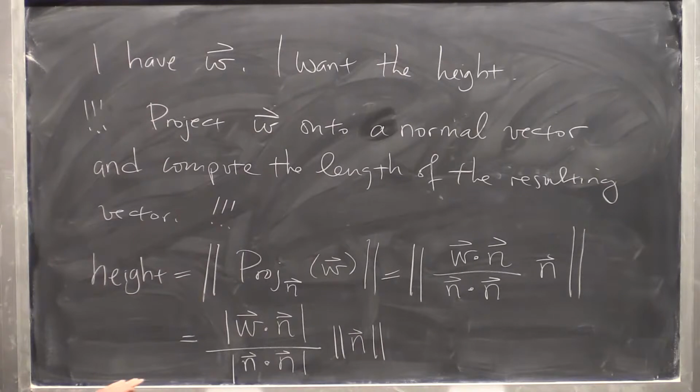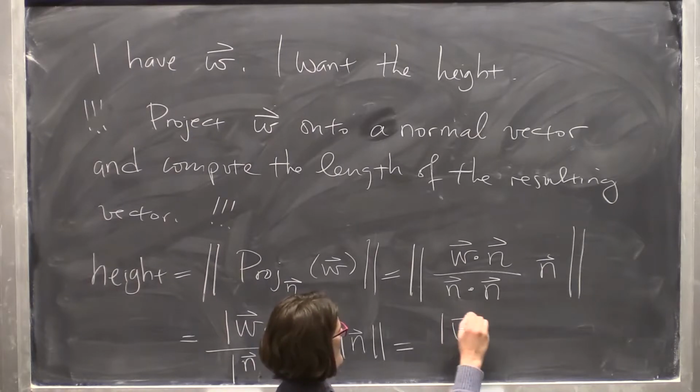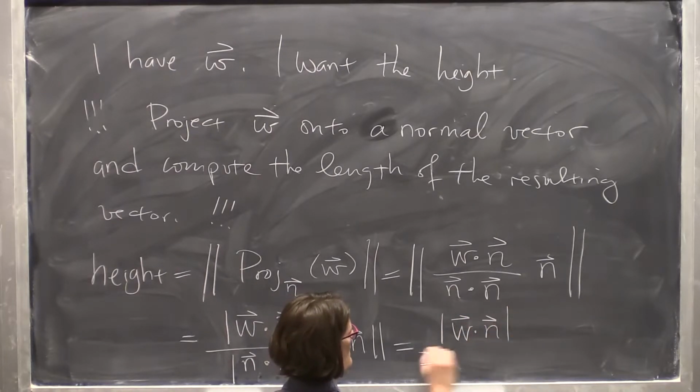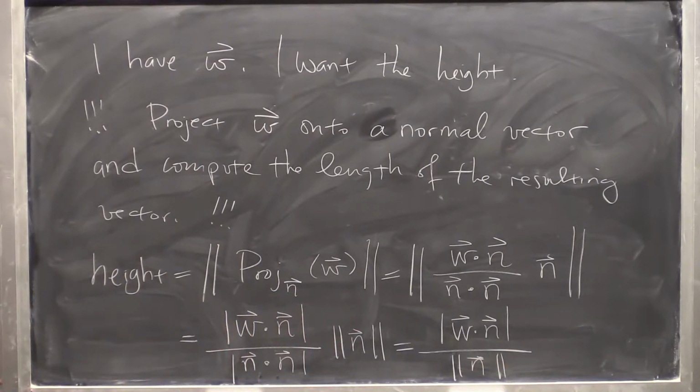Can I simplify this any further? The denominator n dot n, how is it related to the length of the vector n? It's the length of n squared. So if I really feel like it, I can simplify it one step further. So I've got this far. And so now I've got the volume of my parallelepiped. Here we go.